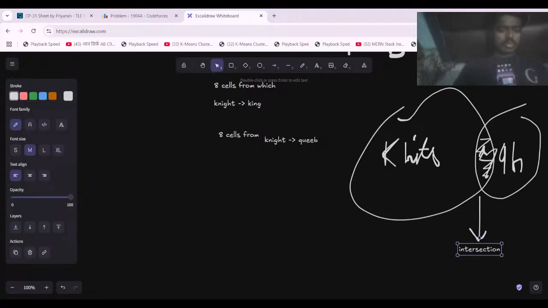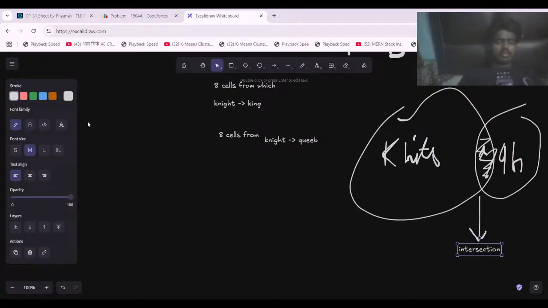So I don't need to bother myself with any more cells. I have already calculated the valid cells from the king and from the queen and intersected both, so I definitely get the correct valid cells. So the logic is correct and very fast.